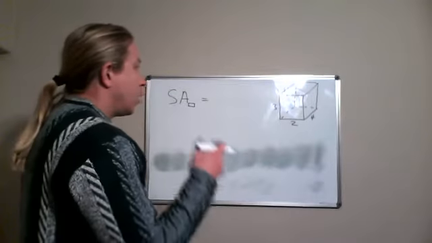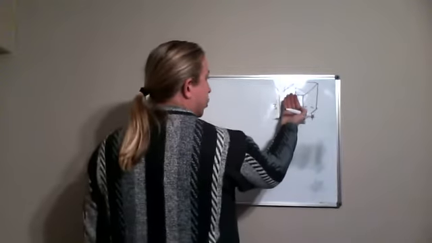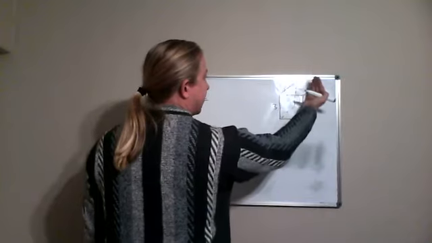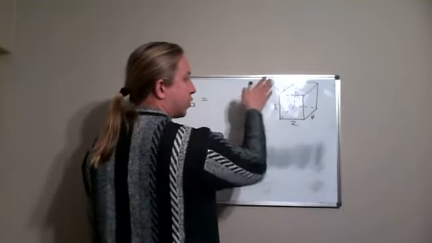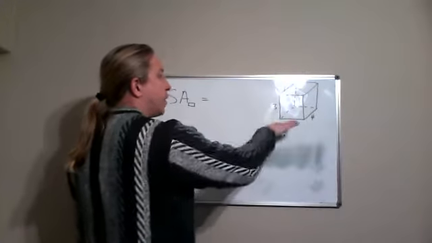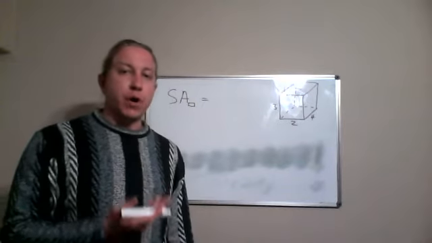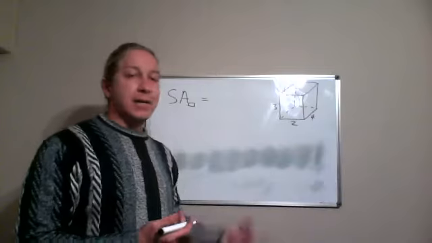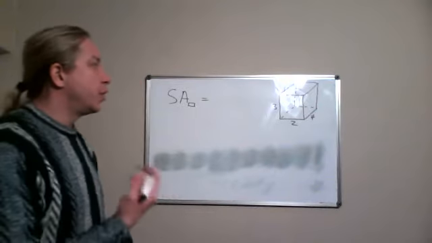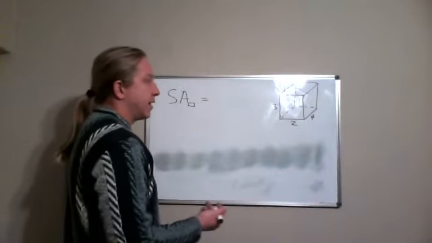Okay, well remember, the two surfaces at the front and at the back are the same. The two surfaces on the sides are the same, and top and bottom are the same. So in a rectangular prism or a cube, we have 6 sides that you need to take account of, and 3 of them are the same as the other side.